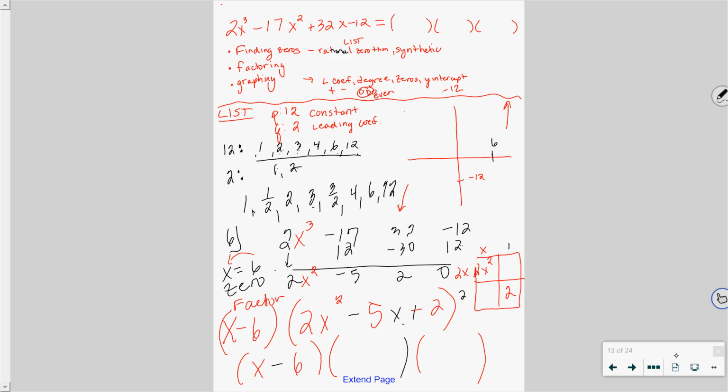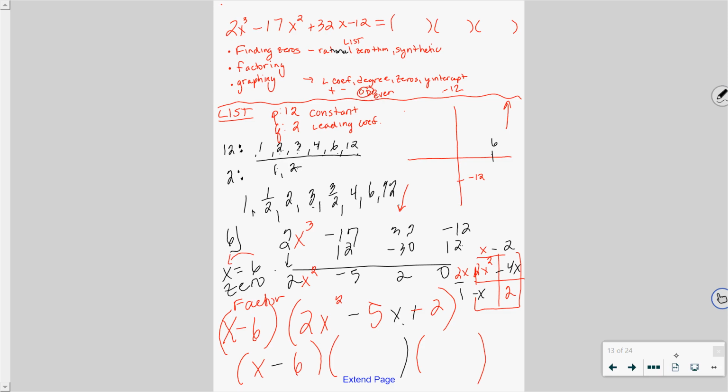Very good. They have a GCF of 2. So I know that's not going to work. So it's going to be a 1 here and a 2 there. 2 times 2 is 4x. x times 1 is just x. They both need to be negative to get a negative 5.